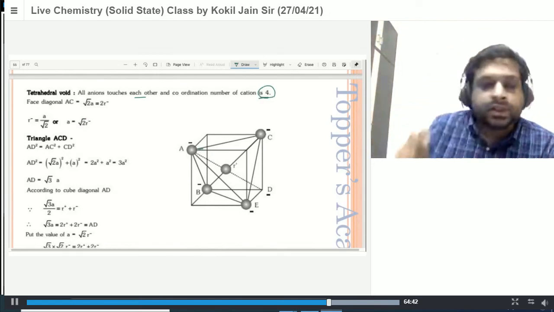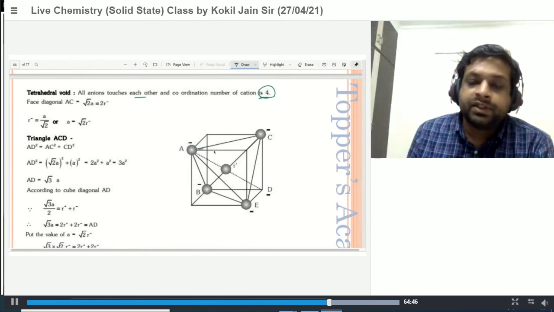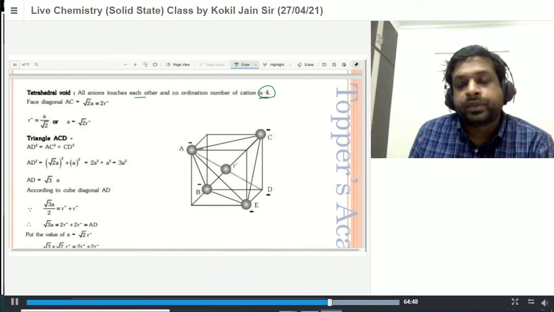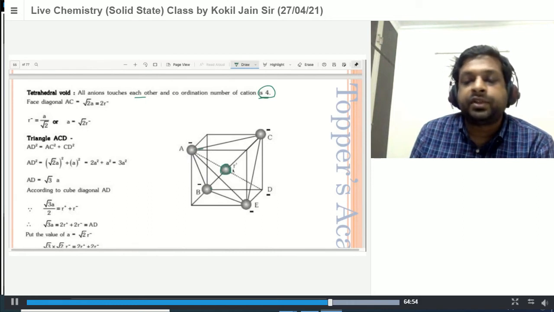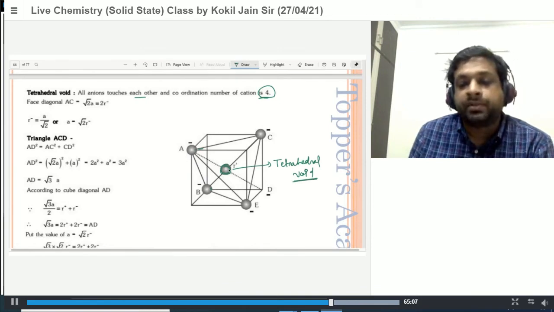Now across this arrangement, you can see this type of arrangement. Now this cation is present at the tetrahedral void. What I'm going to do is calculate this R plus to R minus.